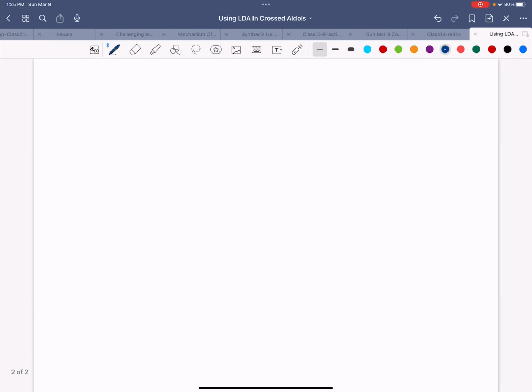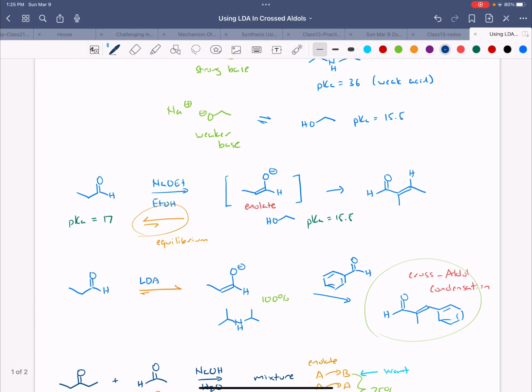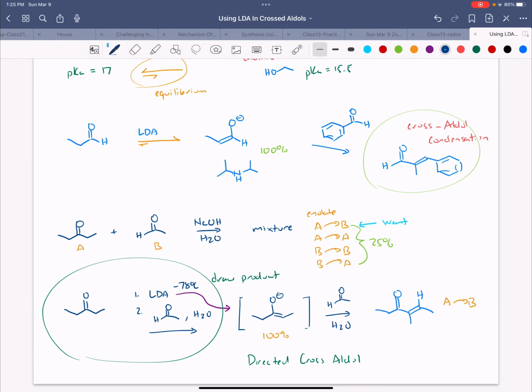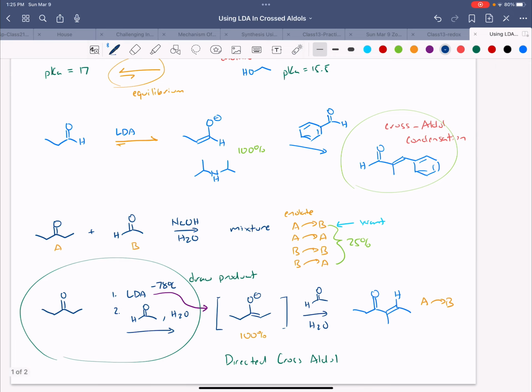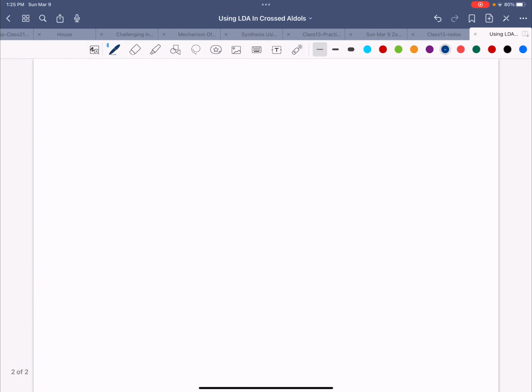The other thing is, let me do the same thing actually. It's something very similar, but my starting ketone is now going to be this.